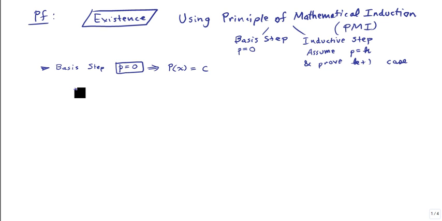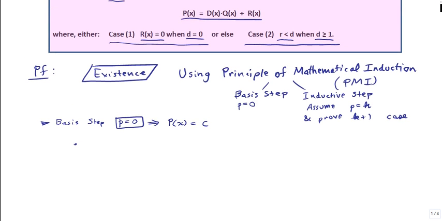Like I mentioned just a moment ago, we have two cases to treat here. We have case 1 and case 2. So let's look at case 1, where the degree of the divisor polynomial is 0.